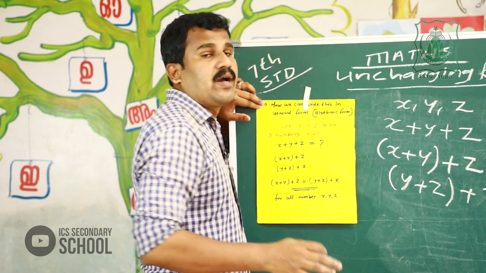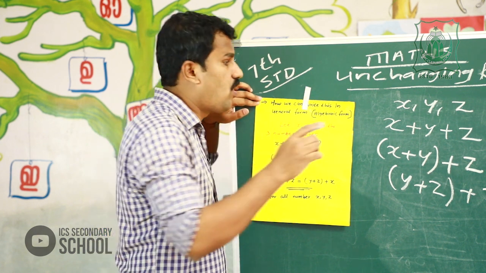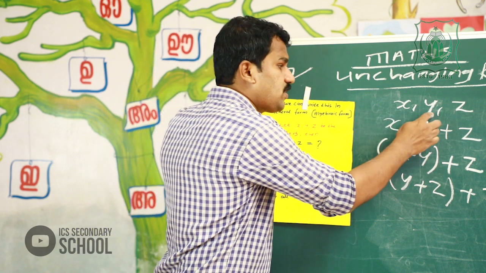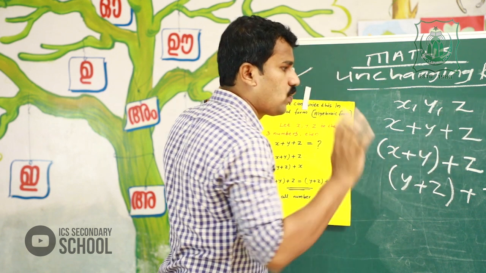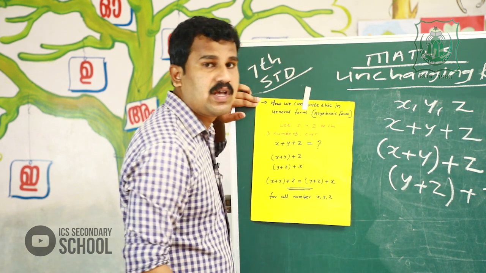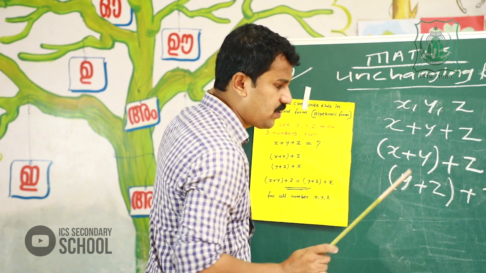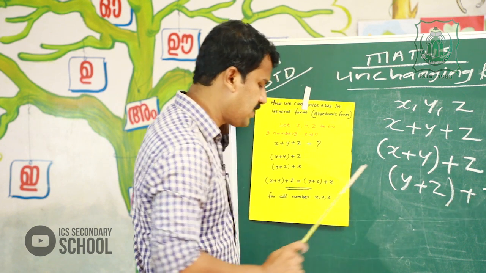So in the algebraic method we can write letters instead of numbers. Let x, y, z be the three numbers. Then x plus y plus z. We can do x plus y plus z, and also another method, y plus z plus x.